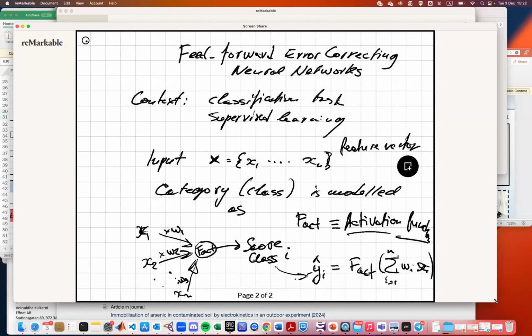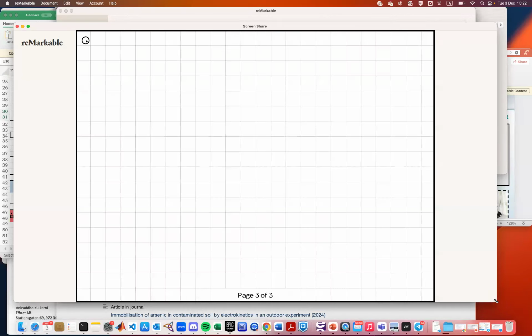So the core training principles of error-correcting neural networks are, or a recipe.